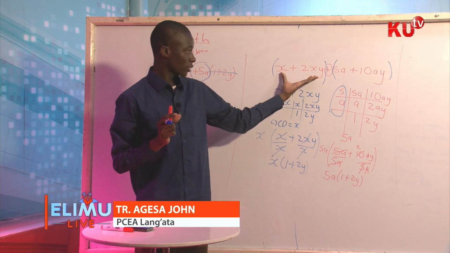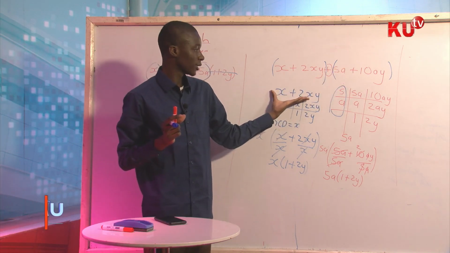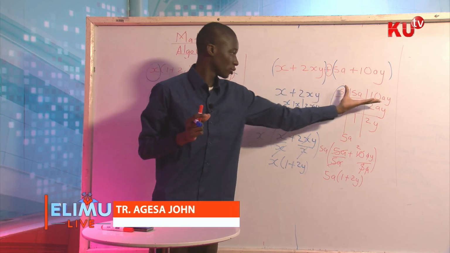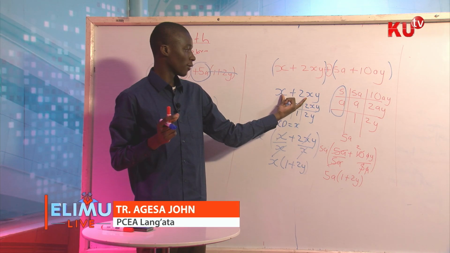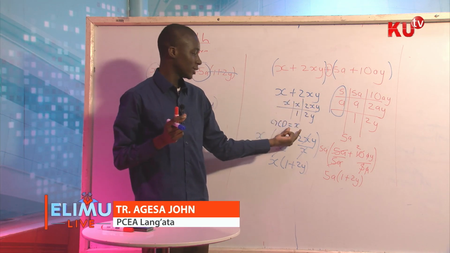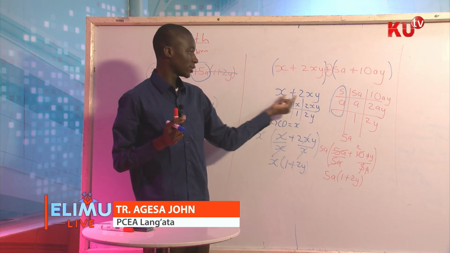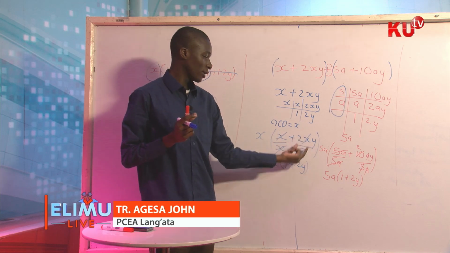Because once you've broken the expression into 2 parts, you're going to have an expression with 2 terms and also the other part with an expression with 2 terms. So to begin with, we are going to get the GCD of these 2 terms here. So from the GCD table, we've obtained our GCD as x. Then once you have the x, now you divide every term by the GCD. x divided by x, 2xy divided by x.